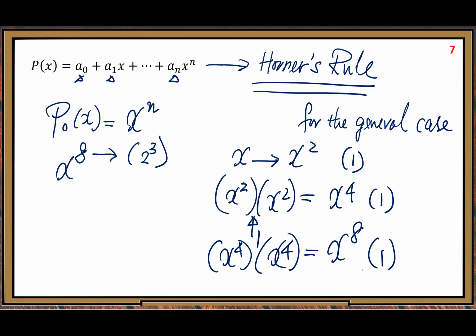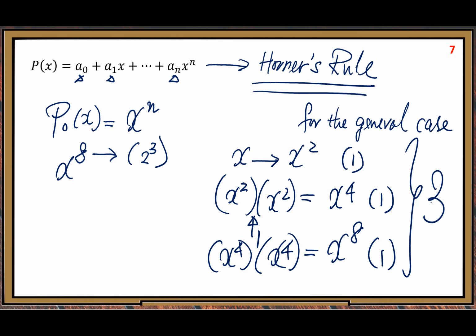Adding these 3 multiplications together, we only need 3 multiplications to find x to the 8th. Instead of Horner's rule, where we need 8, we reduce it to 3. How fast it is. Think about that. Repeated squaring, how fast it is.